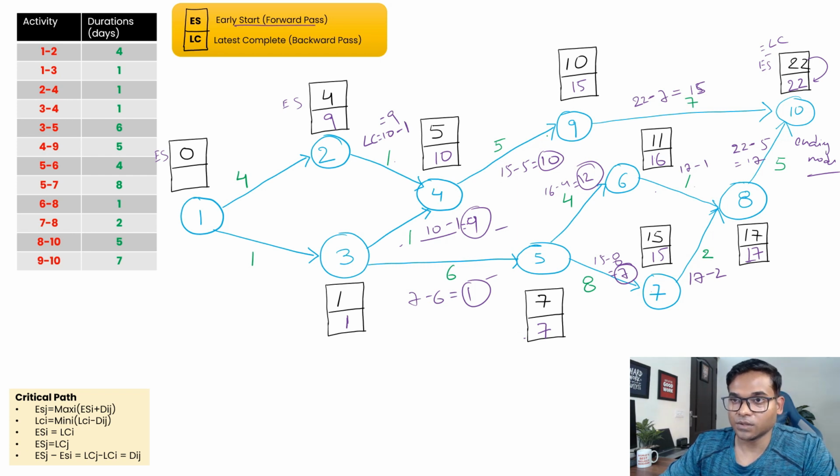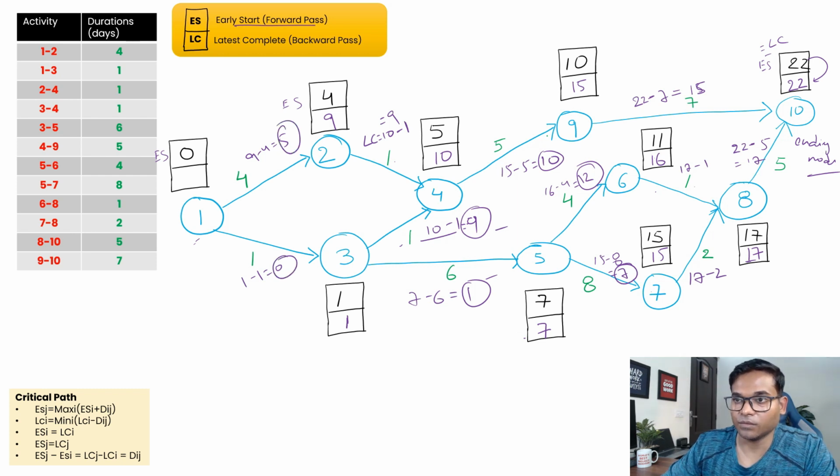Now let's calculate the late completion date for node 1. This is where we came back to the starting node. So 9 minus 4 equals 5, or here we have 1 minus 1 equals 0, so we have 0 or 5.